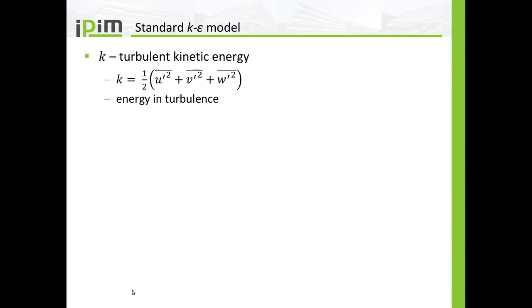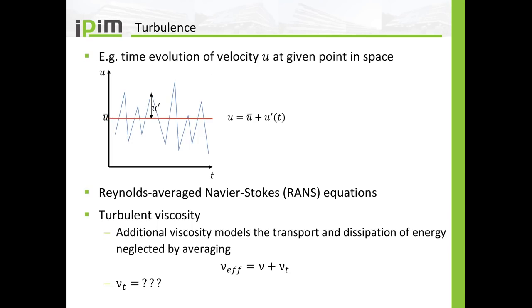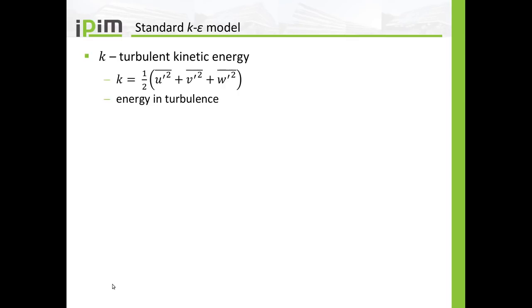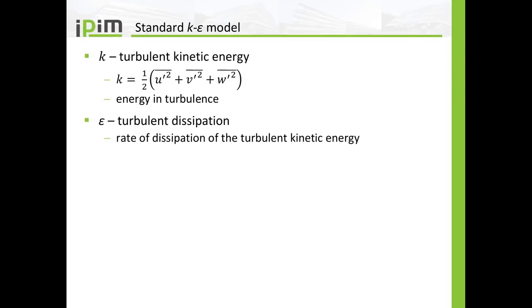And I showed you these values for the K epsilon model and the K omega model in the previous tutorial. I will show you this for the K epsilon model here because I'm going to use this model in the simulation. So in order to calculate the turbulent viscosity, here you introduce two additional quantities additionally to P and U. One is K, the turbulent kinetic energy, and the second one is epsilon, which is the turbulent dissipation.